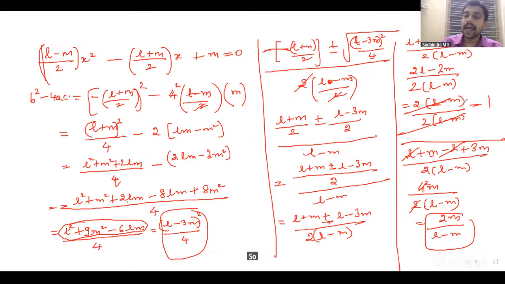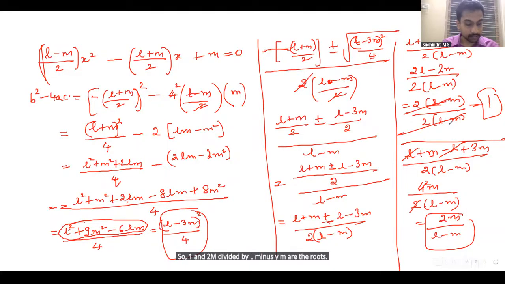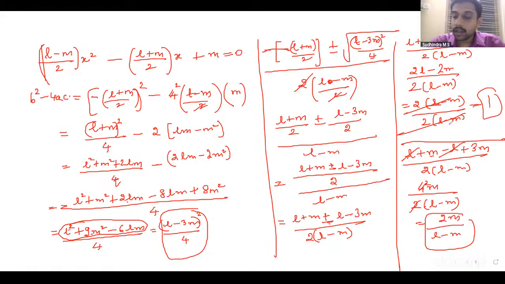So 1 and 2m divided by L minus m are the roots. Option A is the answer. Is that clear? Yes, sir. Complete this.